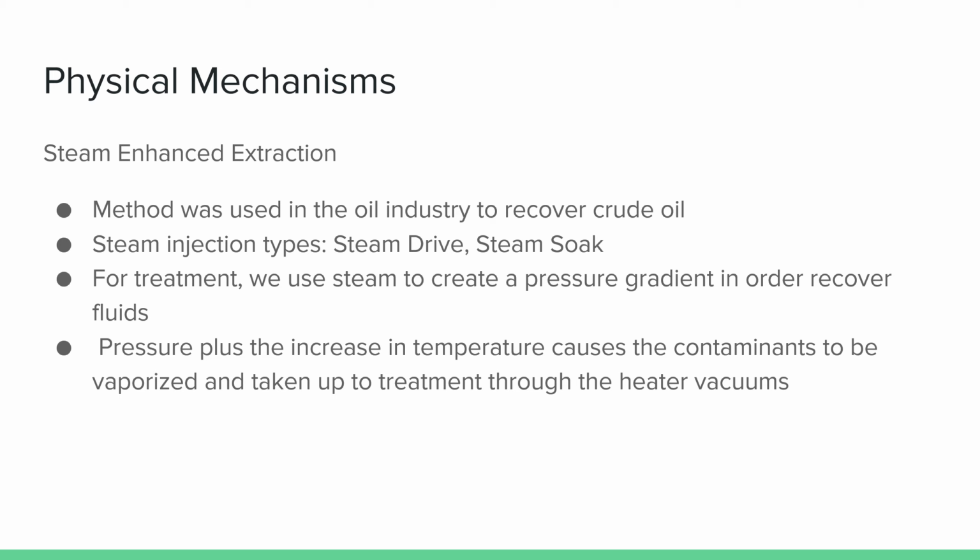And then once we inject the steam, we do a pressure gradient, which pushes some more fluid out, but we still get hot enough temperatures where vapor is created from the groundwater and the contaminants, which is also then sucked up into the heater vacuum and taken to an above ground treatment facility.